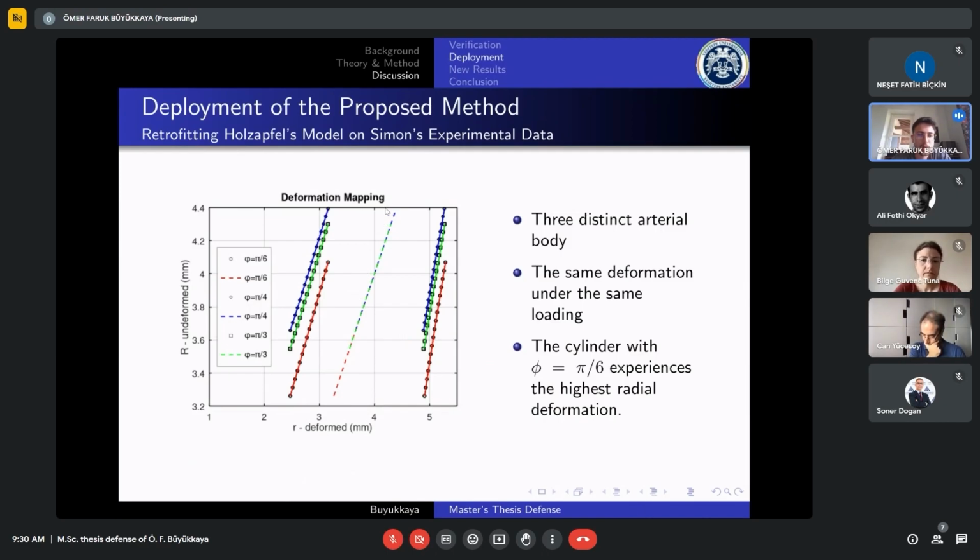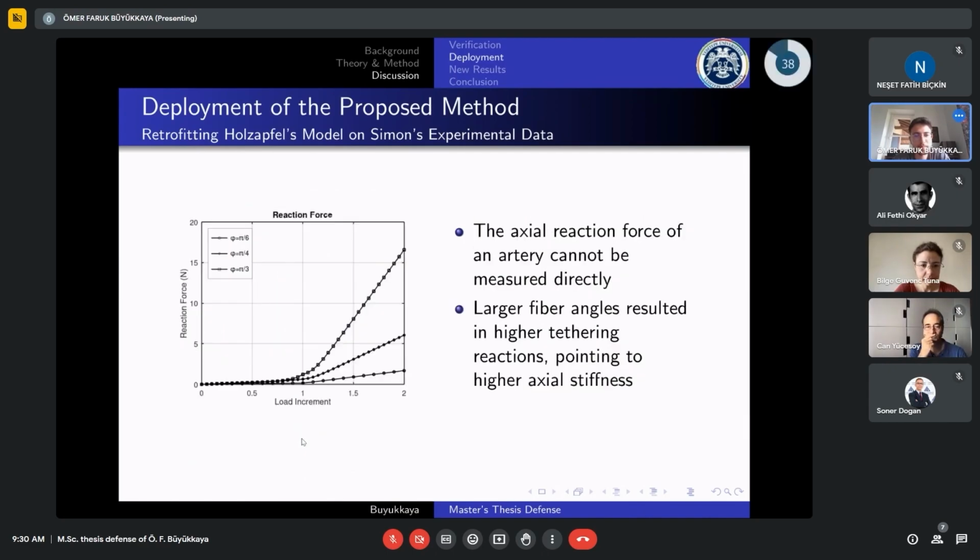And here, by stretching the artery, this line shifts to the left, and in the second load increment, or by pressurizing them, these curves shift to the right. We see the same deformation under the same loading, since we fitted the same experimental data, and it is seen that the cylinder with phi equals pi over 6 experiences the highest radial deformation.